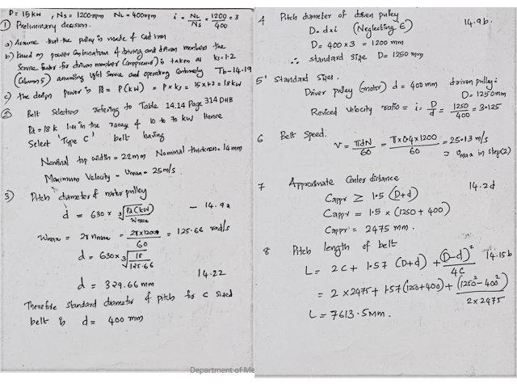And then we can find the pitch length of the belt. We have the equation very similar to the flat belt drive, and here we have factor of 1.57 in the second quantity, capital D plus small d. So equation is 14.15b. When you substitute that equation, you will be getting the value of L as 7613.5 mm.